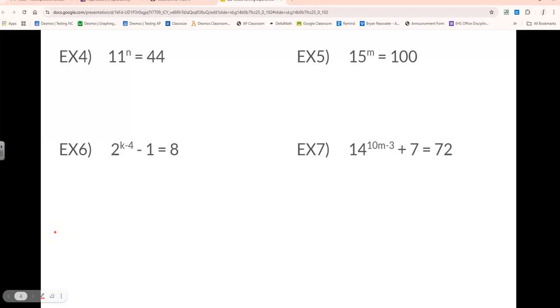All right, let's look at what to do when we do not have the same bases on both sides. The ones we were just looking at had the same bases. If I look at example 4, I've got 11 to the nth power equals 44. This is not one I can just guess at, because 11 to the first power would be 11. 11 to the second power would be 121.